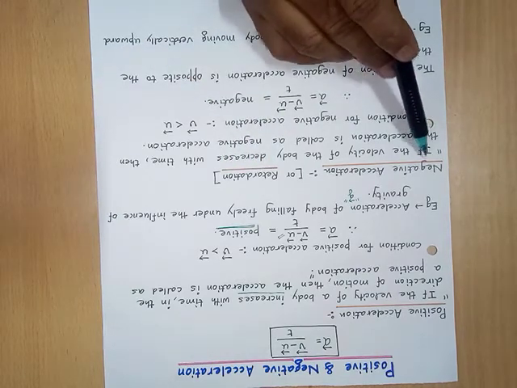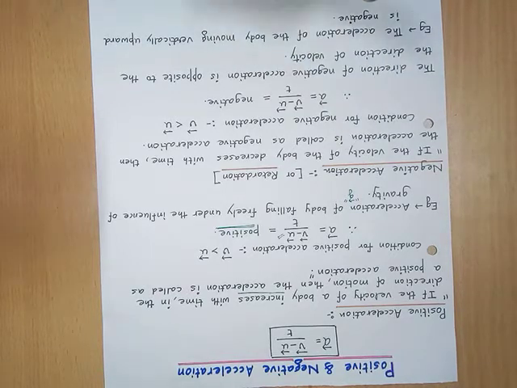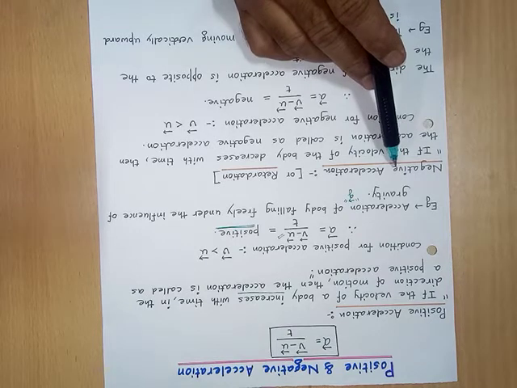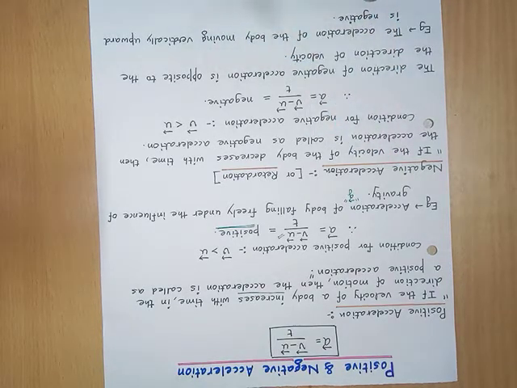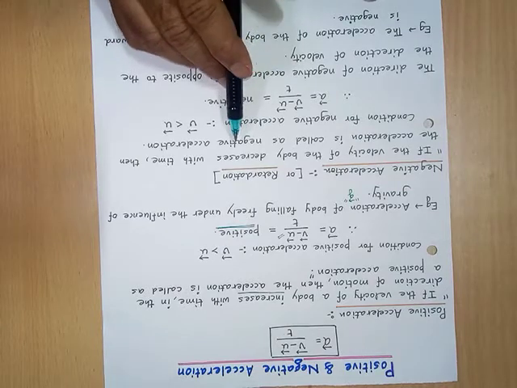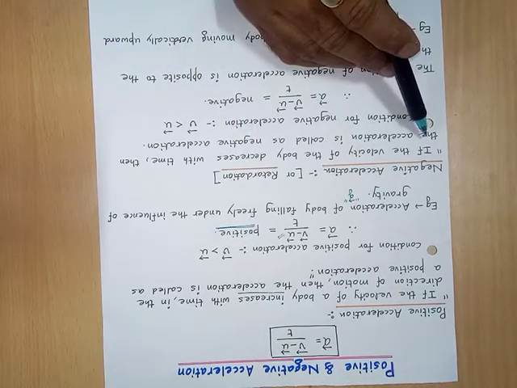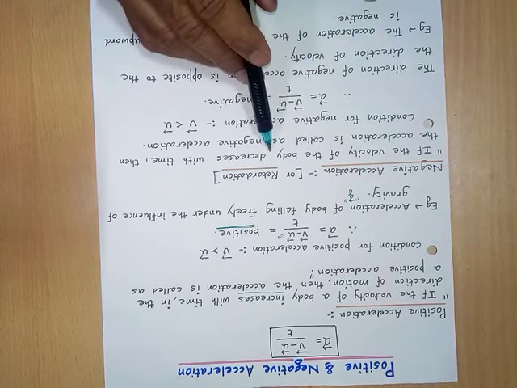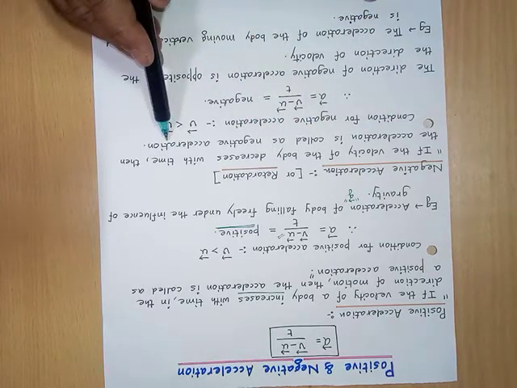Since the negative word is associated with this acceleration, the negative sign represents that this is an acceleration whose direction is opposite to the direction of the velocity or direction of the motion. The definition of negative acceleration can be stated as: if the velocity of the body decreases with time, then the acceleration is called negative acceleration.